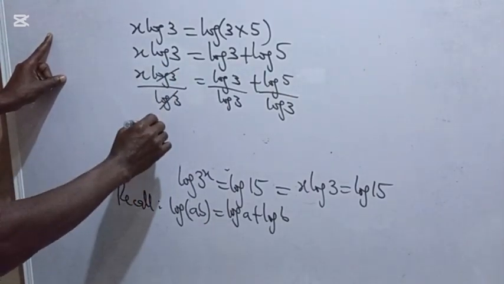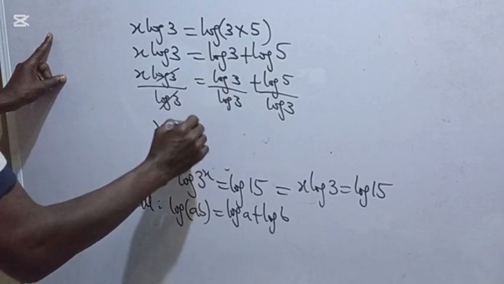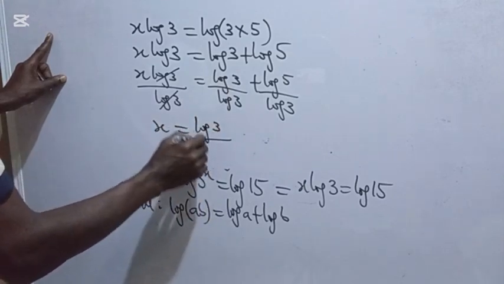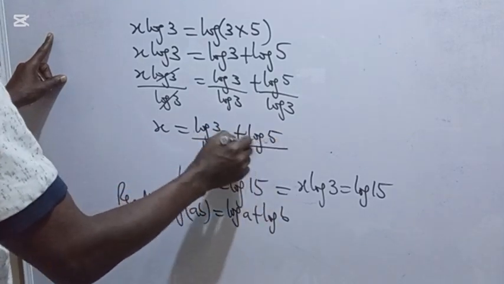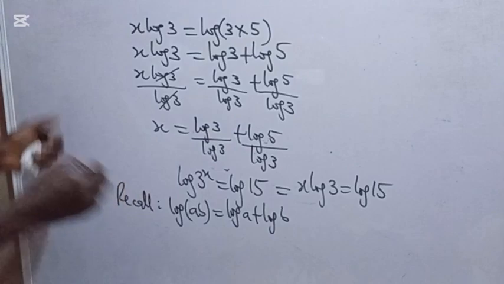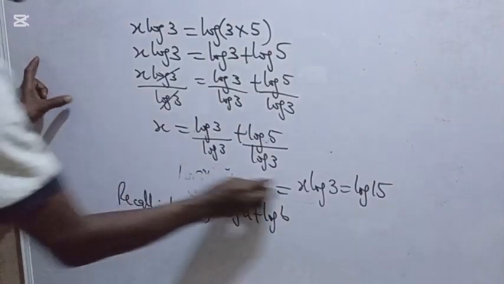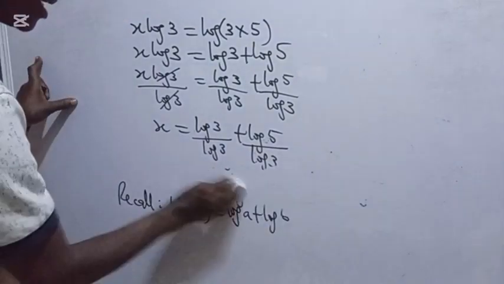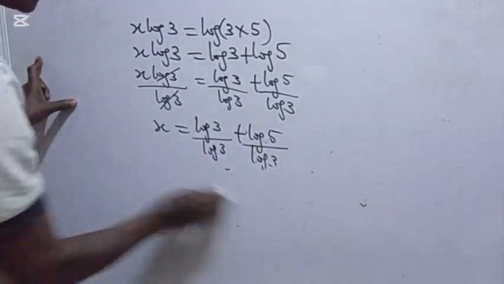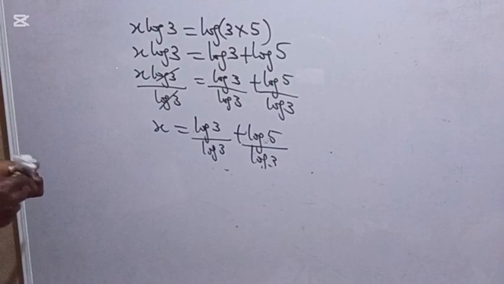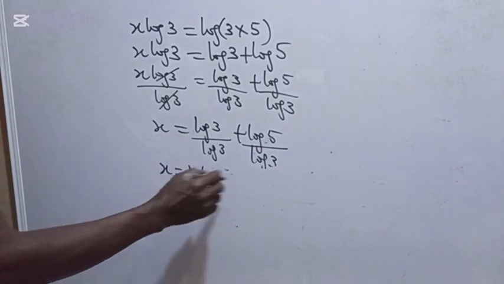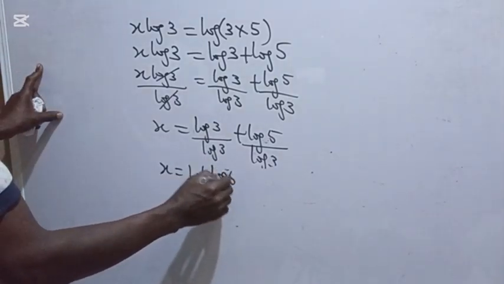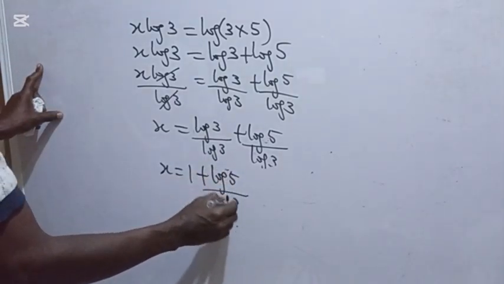So you have x is equal to log 3 over log 3 plus log 5 all over log 3. So x is equal to 1 plus log 5 over log 3.